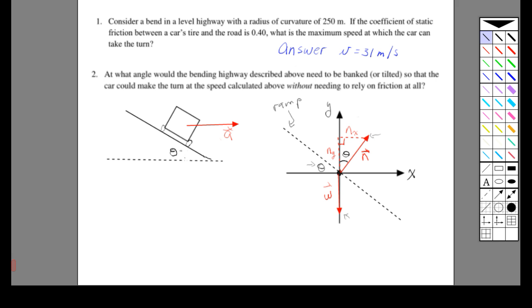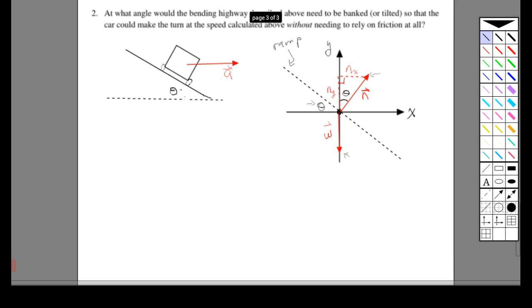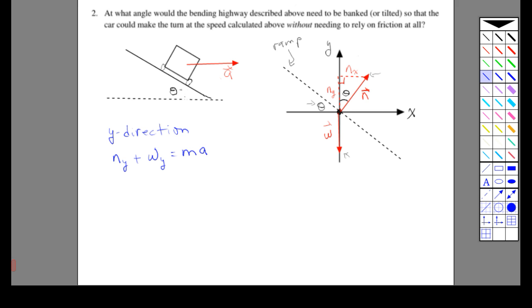Okay, so to do part 2, we're going to need to use Newton's second law. Let's consider the forces in the y direction. We have the component of the normal force in the y direction, plus the component of the weight in the y direction, equal to mass times the component of the acceleration in the y direction.